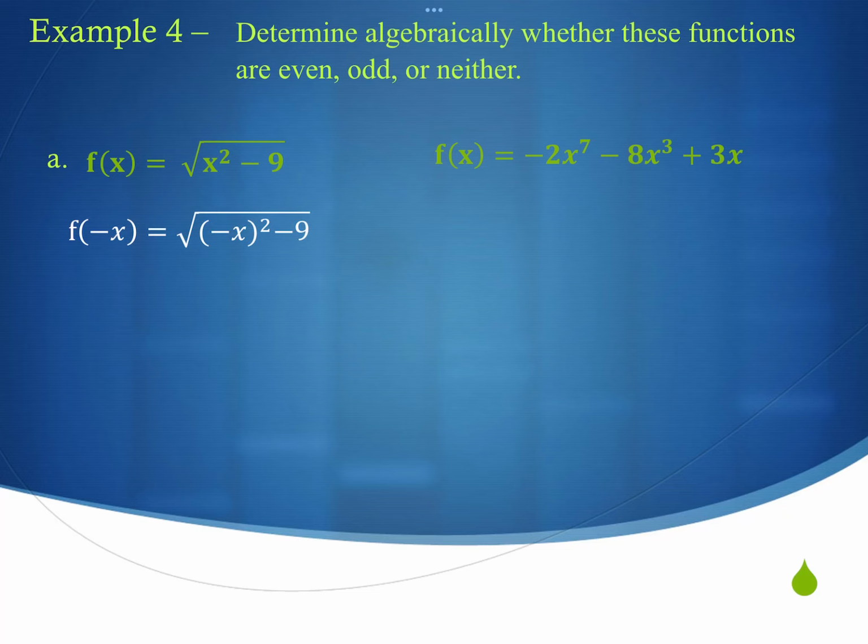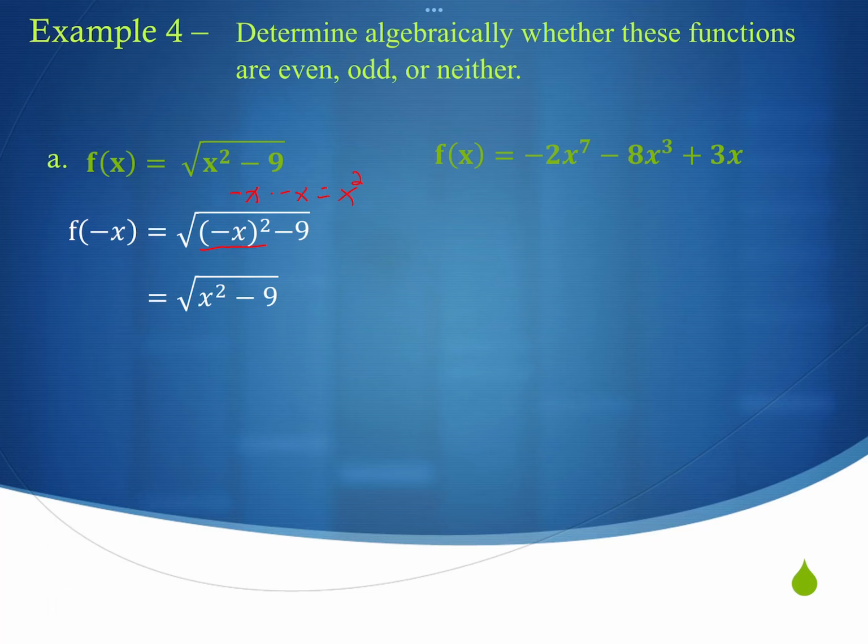Instead of x in here, I am going to put in the negative x. So I'm plugging in negative x for x, and now I need to simplify this. If I square a negative, a positive comes out. Negative x times negative x makes a positive x squared. So when I simplify this, that means the square root of x squared minus 9.